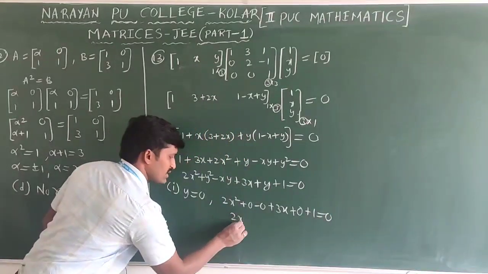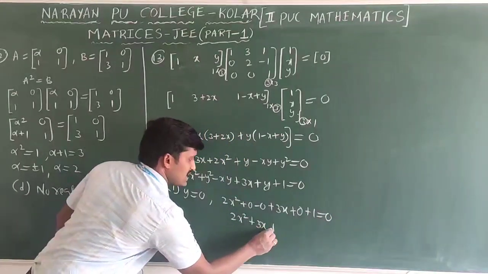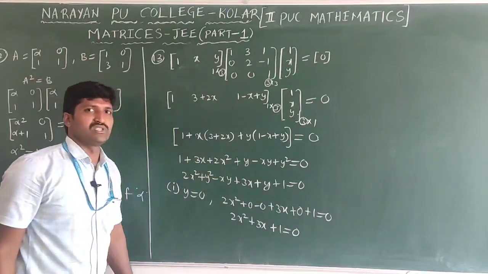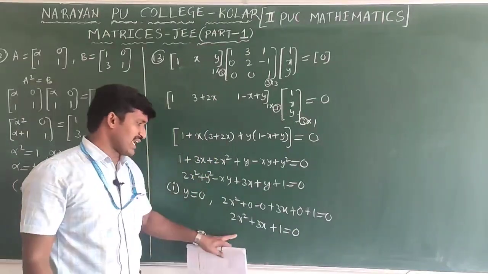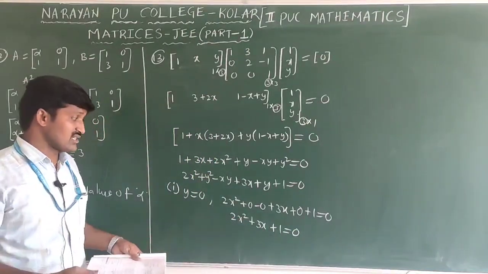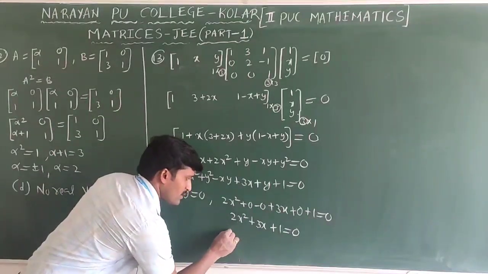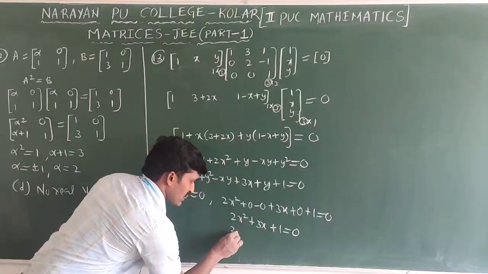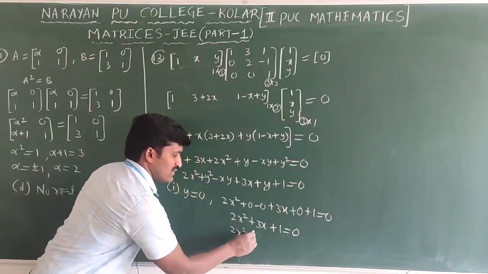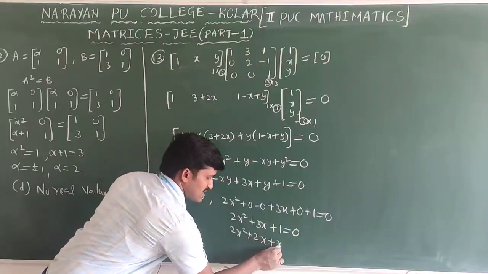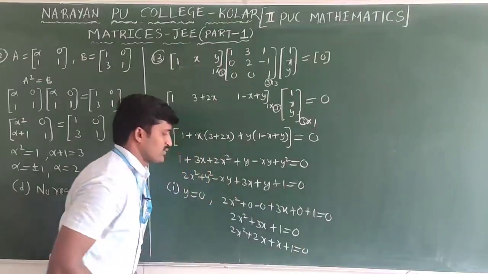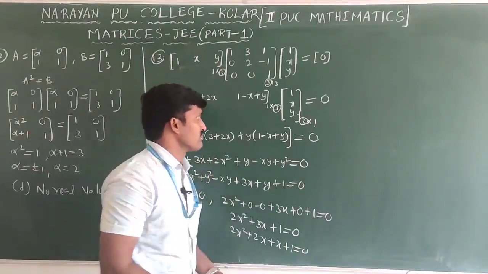What is the equation here? 2x square plus 3x plus 1 equal to 0. Now from this we need to find the x values and find out whether we get rational or irrational. Simple logic, condition wise: factors. For 2x square plus 3x, we can write 2x plus x; the product we need to get is 2, the sum will be 3.